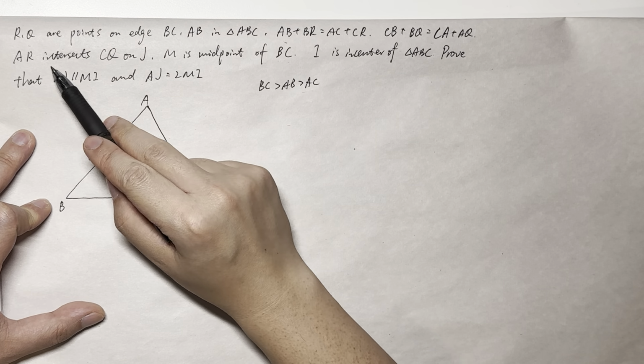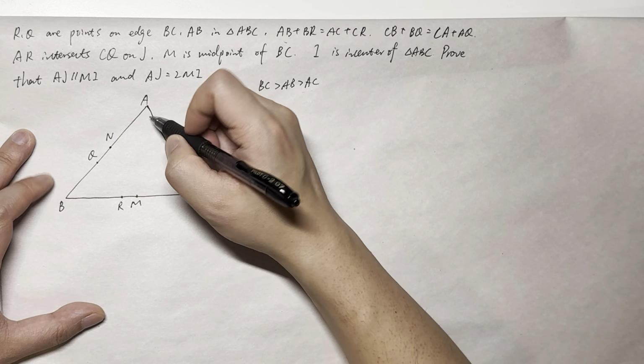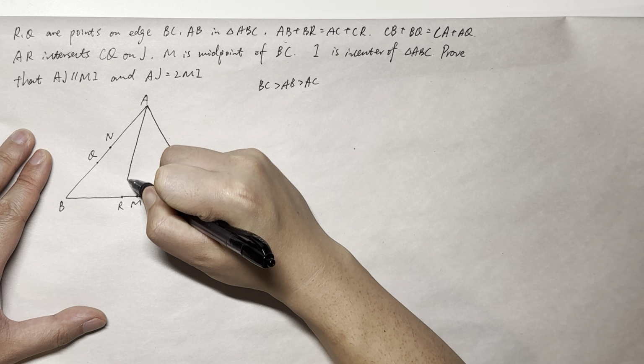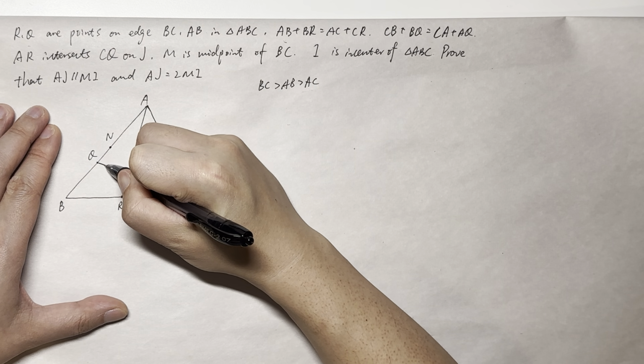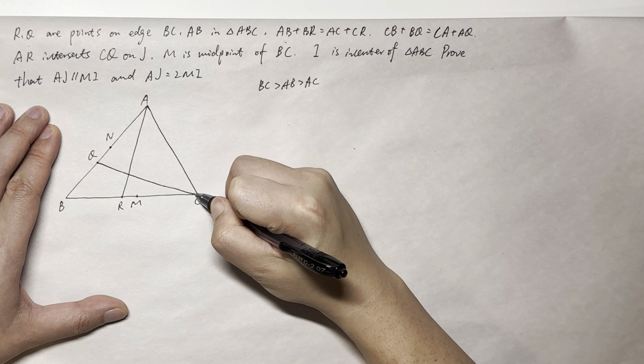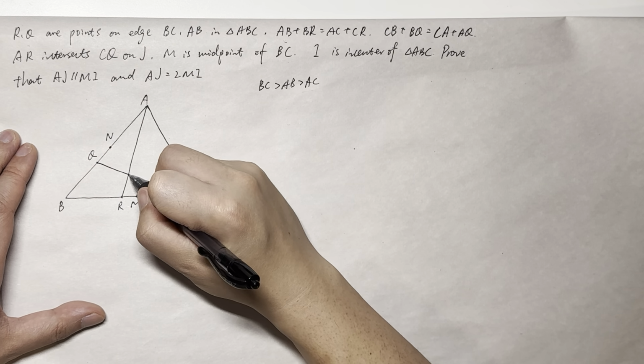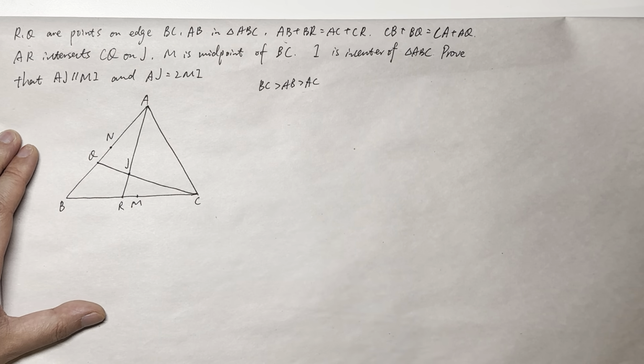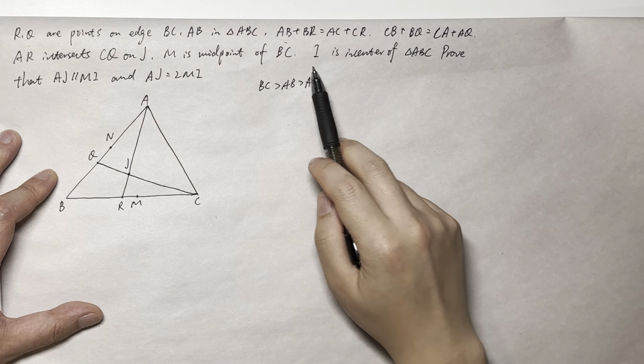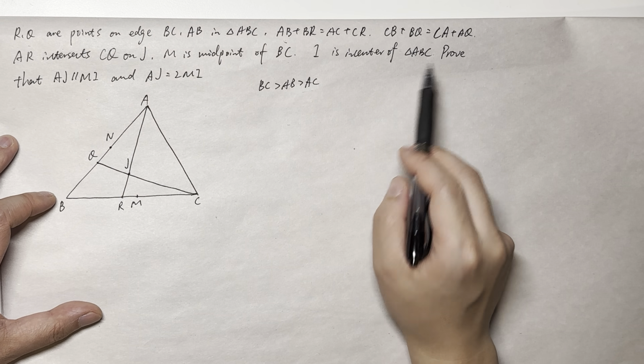Now, AR intersects CQ at J. So let's connect AR. Let's connect CQ. AR meets CQ at J. This point is J. And I is the incenter of triangle ABC.